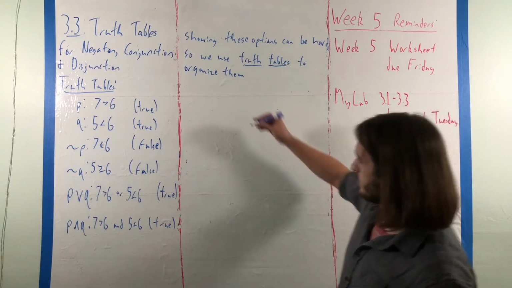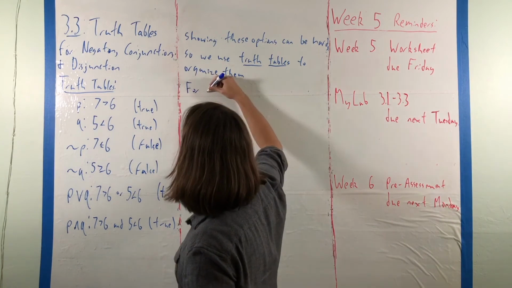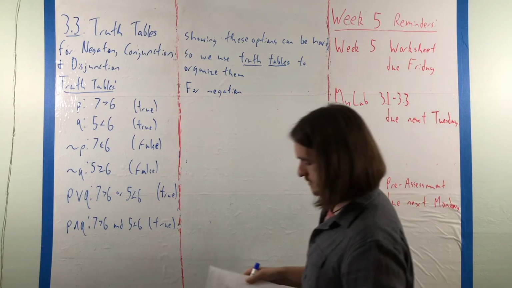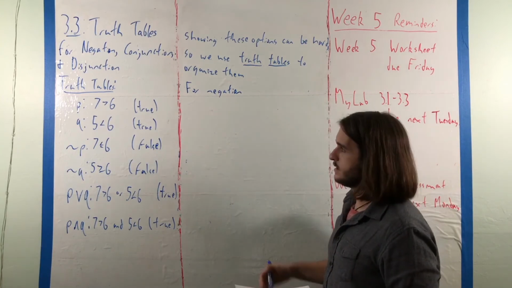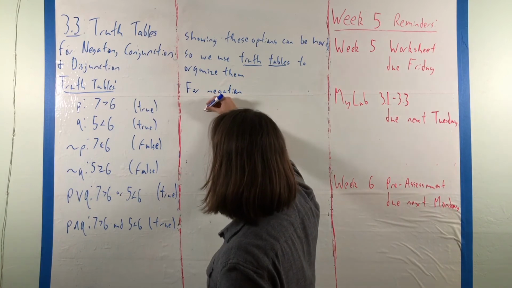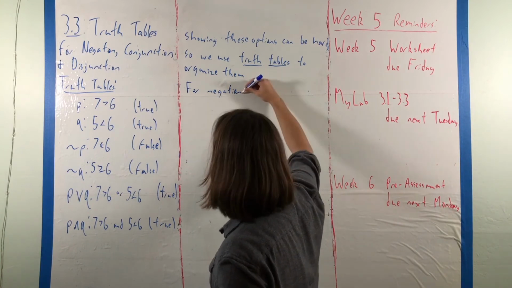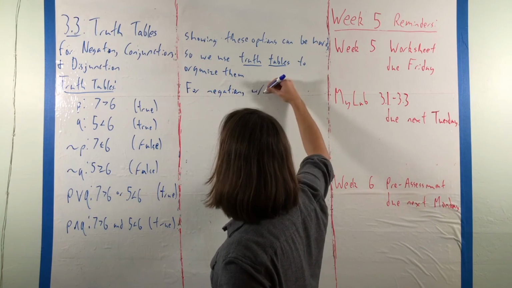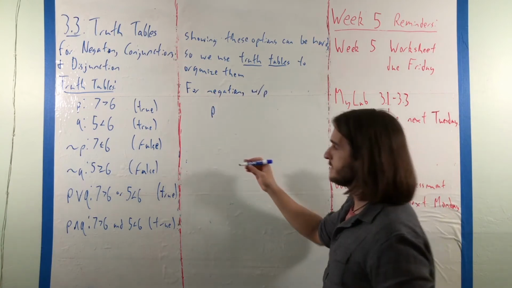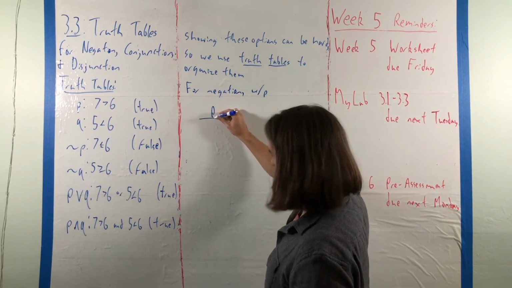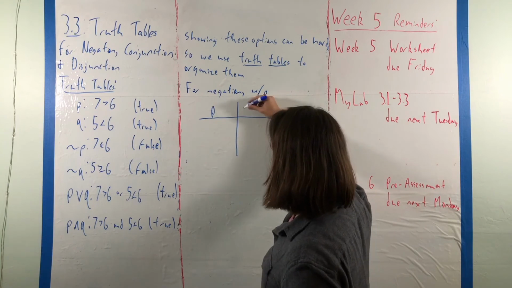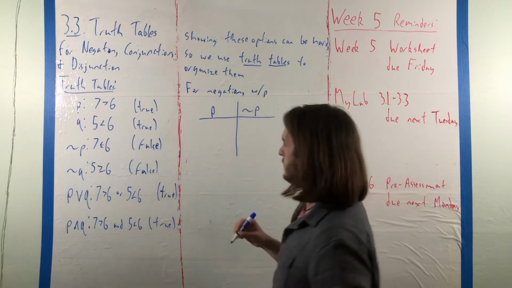So for example, if you want to look at negation, what we can do is make a table where in our first column, we're going to put in all of our statements. Let's just say with some statement P, our first column is just going to be that statement P. And then in our second column, we are going to draw the negation, not P.